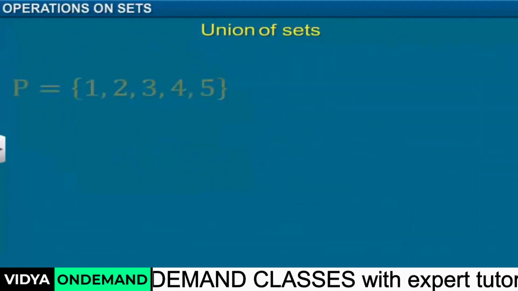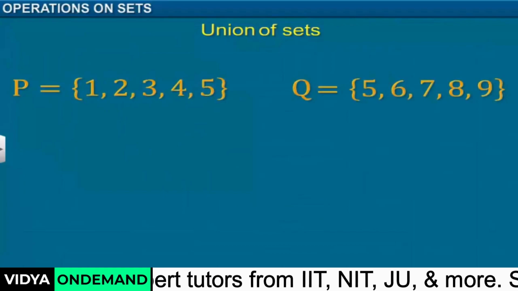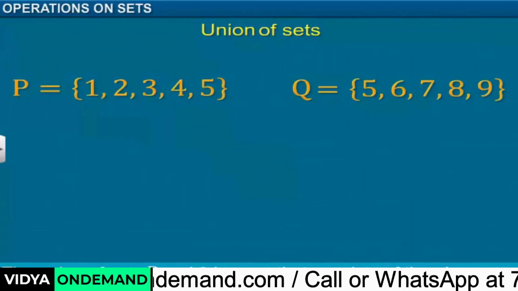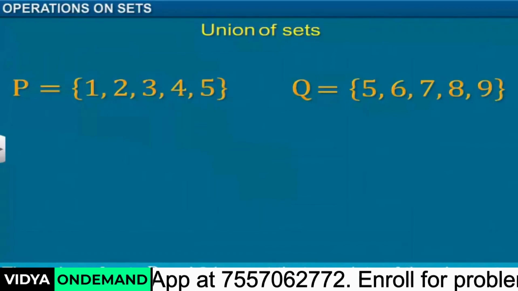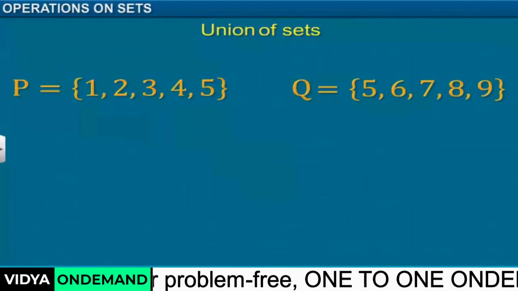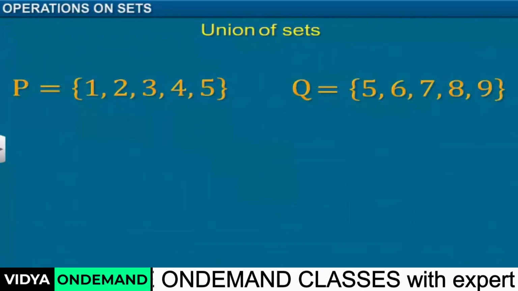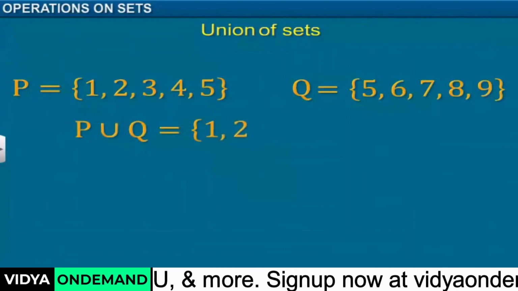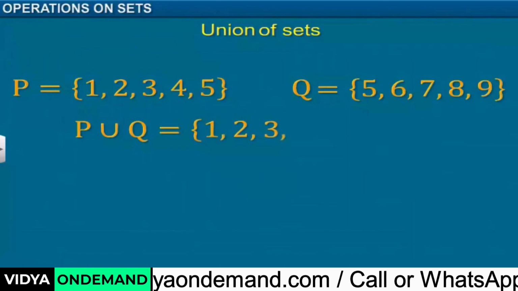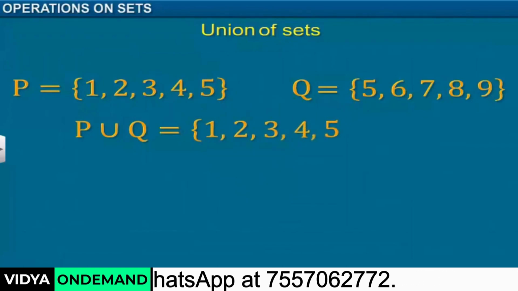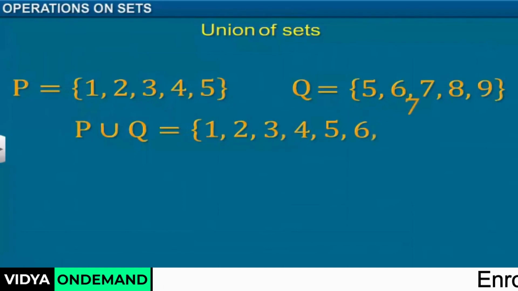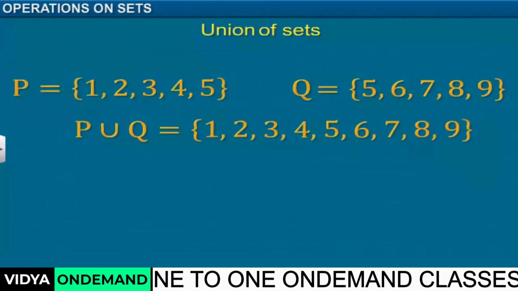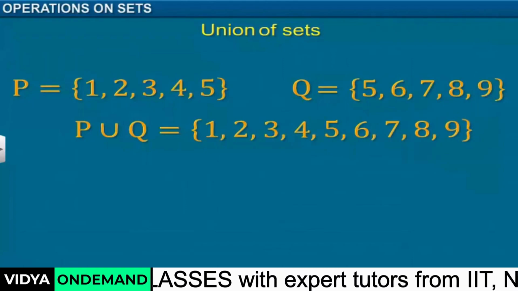Let P and Q be two sets. The union of sets P and Q is a set that consists of the elements from both the sets. Let's perform the union operation over sets P and Q. The elements of sets P and Q are listed out one by one.